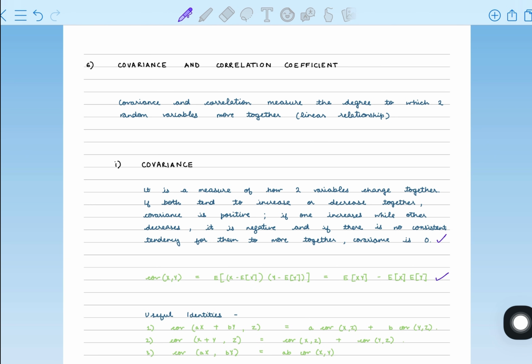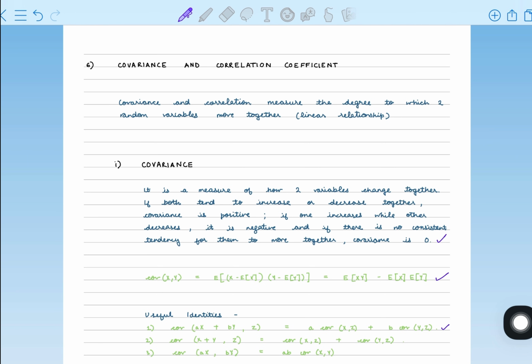Some useful identities associated with covariance include the covariance of ax plus by, z is equal to a times the covariance of x, z plus b times the covariance of y, z. Here, a and b are constants and x, y and z are random variables.